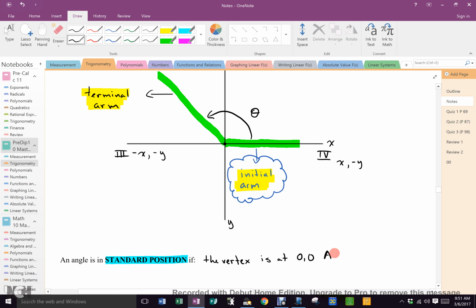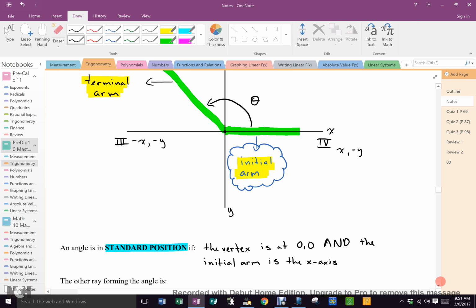Yes. And the initial arm, where's the initial arm? It's the first one we wrote, is the x-axis. So, is our green angle I drew here in standard position? Yes. Its corner is on the 0, 0, on the origin, and its initial arm is the x-axis.